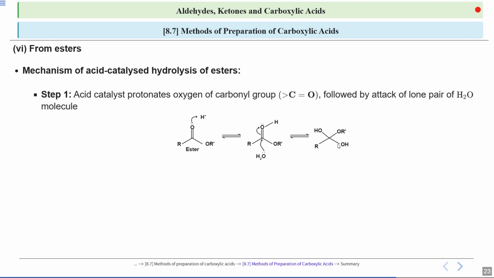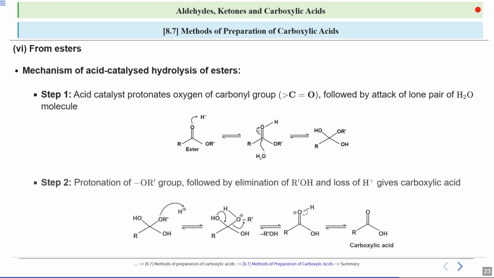Water is the nucleophile. The water molecule, H2O, where oxygen has its lone pair, attacks the carbonyl carbon. So first it gets protonated, and then H2O attacks the carbonyl carbon, and you get this sort of intermediate.